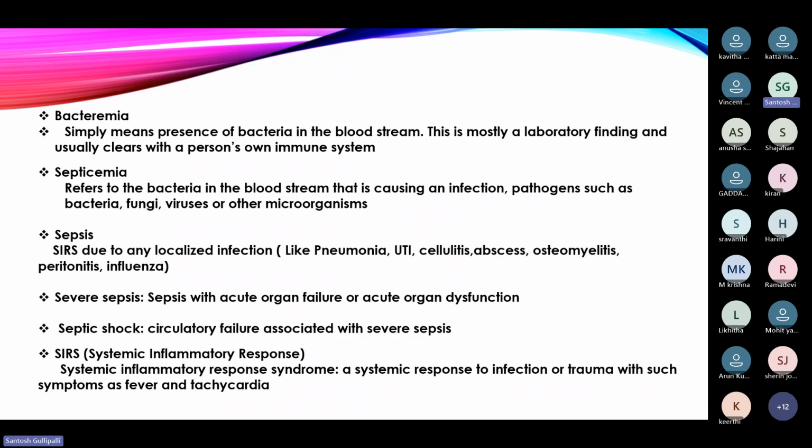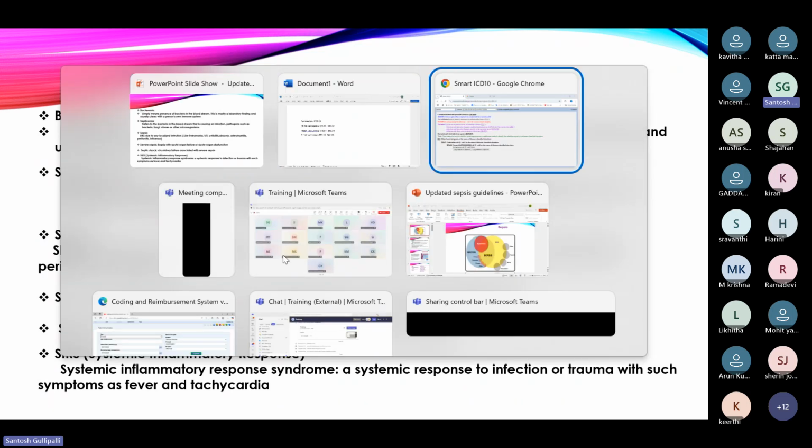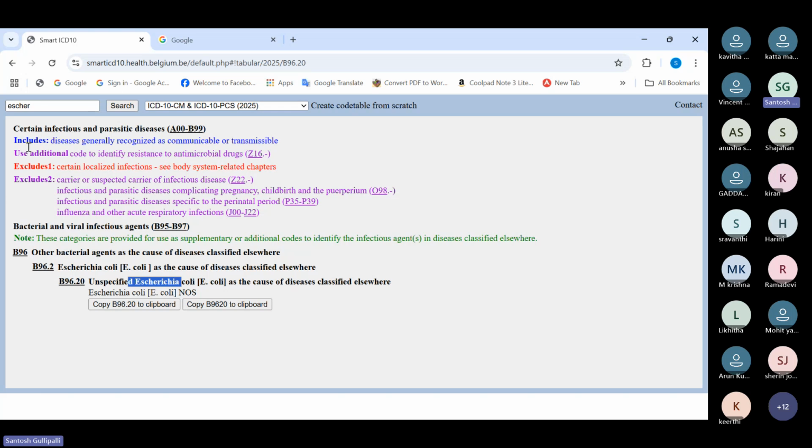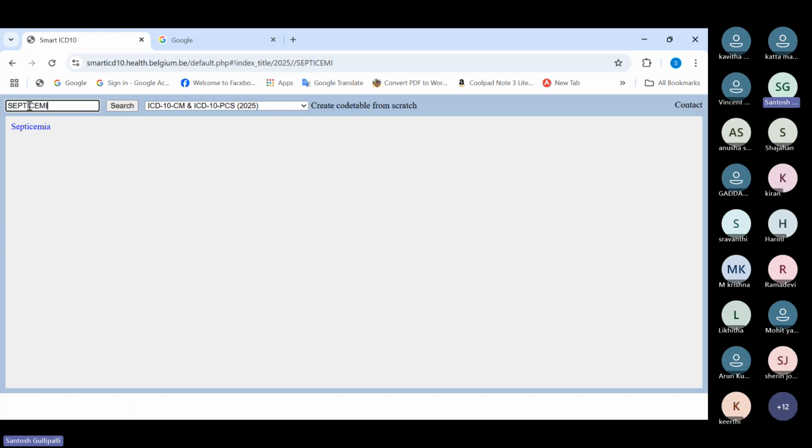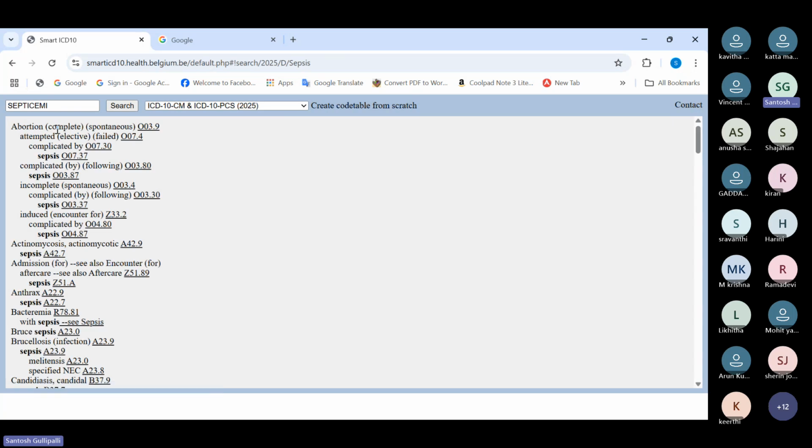But in ICD-10-CM, the septicemia code directly leads to sepsis. Septicemia means sepsis, so see sepsis.